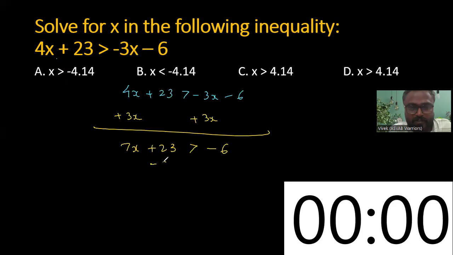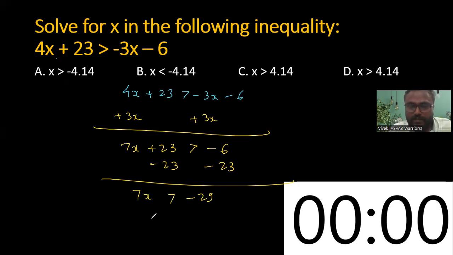Now let's subtract this 23 from both the sides. What do we have? 7x is greater than negative 29. Now we need to divide both the sides by 7. Remember, we are not dividing with a negative number, so the sign will remain as it is.